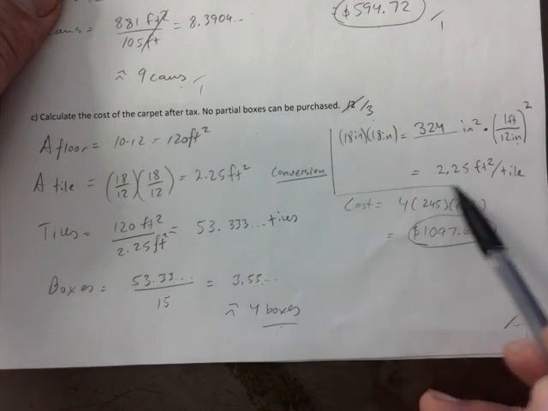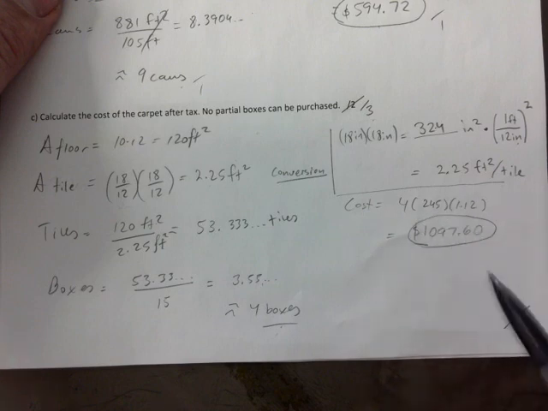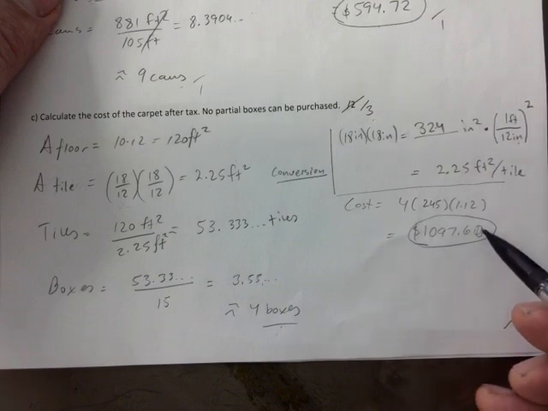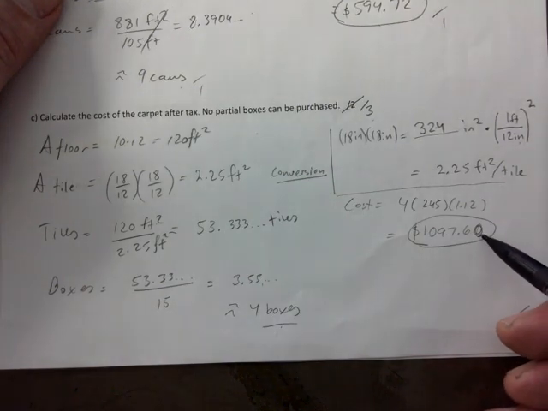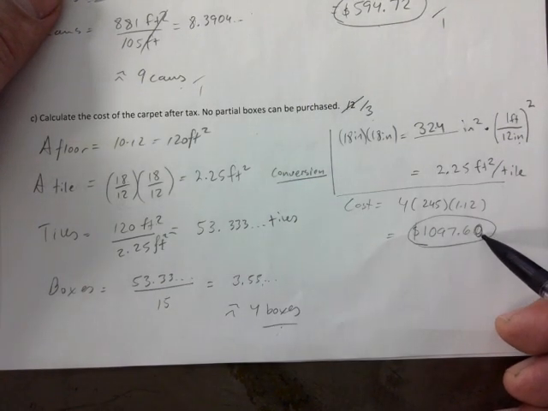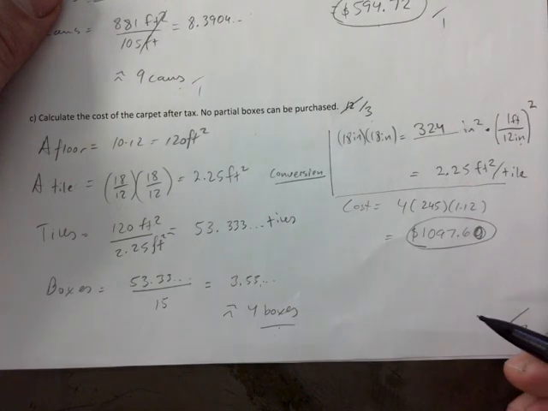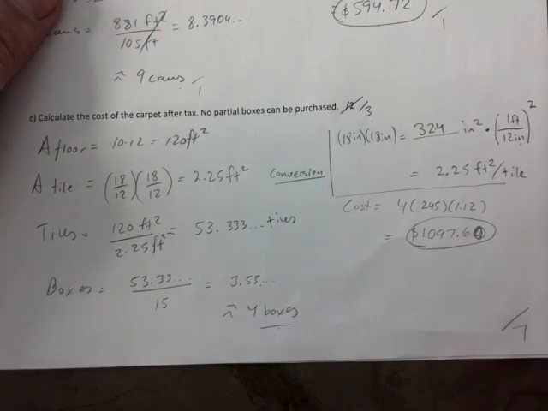This is also preparing you for grade 12. If it's a dollar amount, you have to have 2 decimals, even if it only shows 0.6 on your calculator. You have to add a 0. If it's square feet, anything else, it doesn't matter. But for dollar amounts, it has to be there.